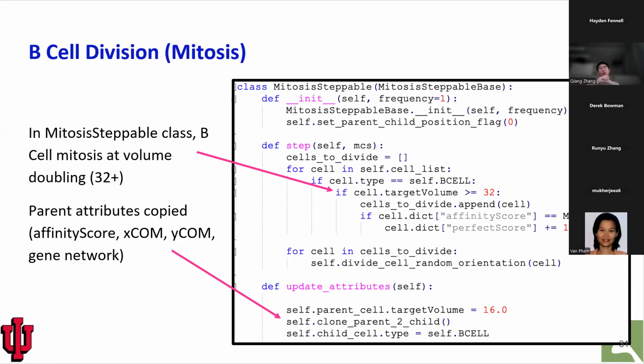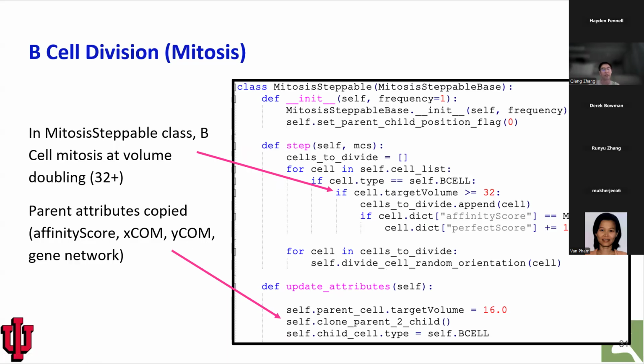Then here is the script about B cell division, or mitosis. Essentially, we're saying that if the target volume hits a threshold, in this case 32 pixel volume, the cell will spawn a daughter cell, and the daughter cell will inherit everything of the parent cell. But the molecule numbers in the gene network will be halved, or equally divided between the two daughter cells.